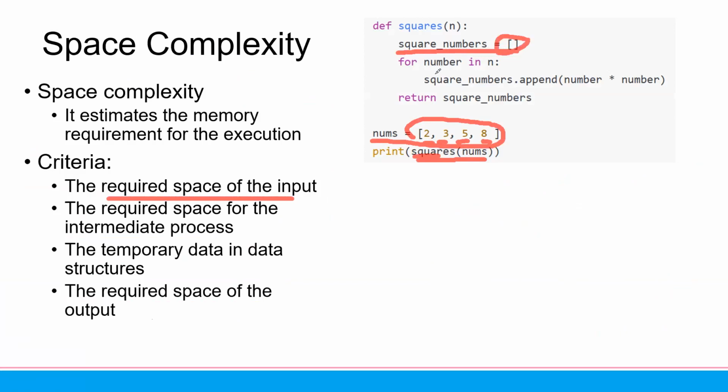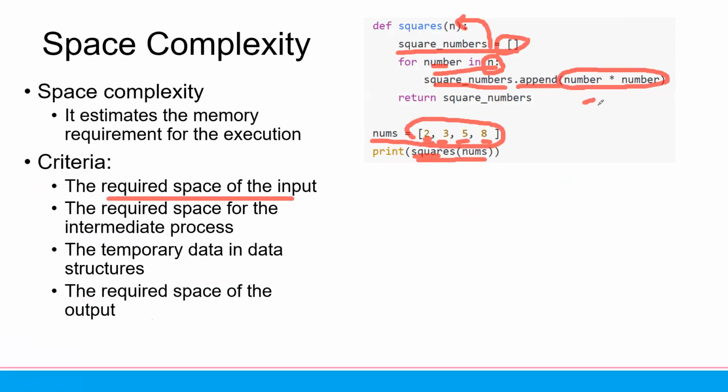So we will put the numbers, where number in n means this parameter. So number in n is 2. The square numbers append means we want to add number multiplied by number.